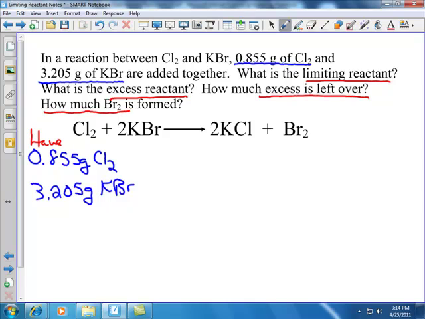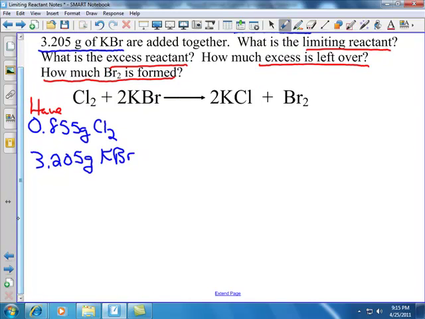Then I'll worry about this question. So here's the thing. In order to find out which one of these is limiting and which one is excess, you need to do a mass-to-mass calculation between the two reactants. That's what you want to do.